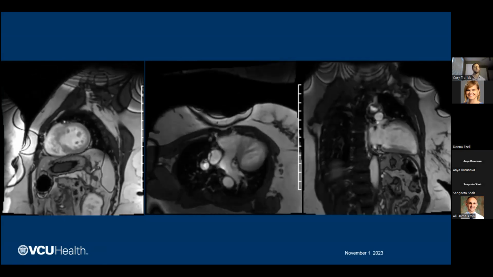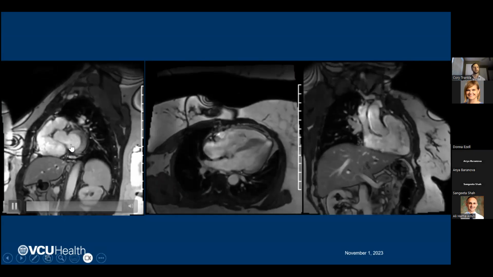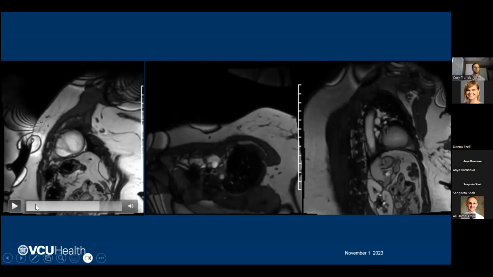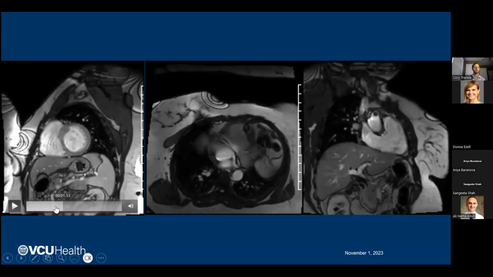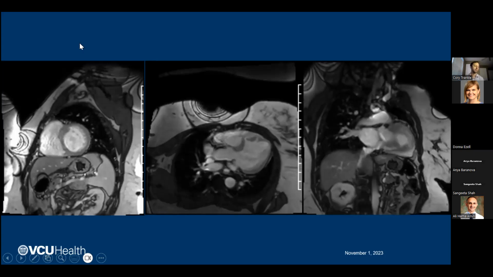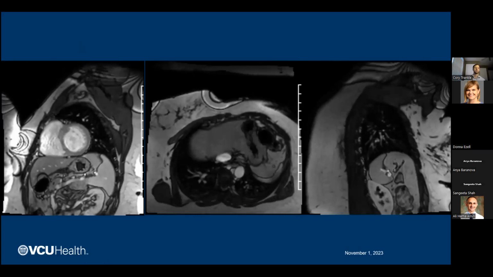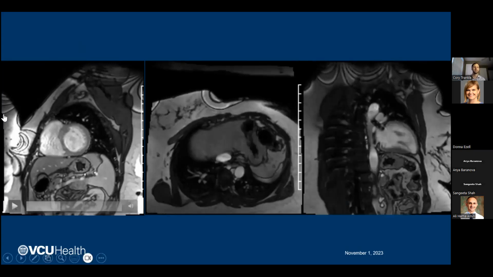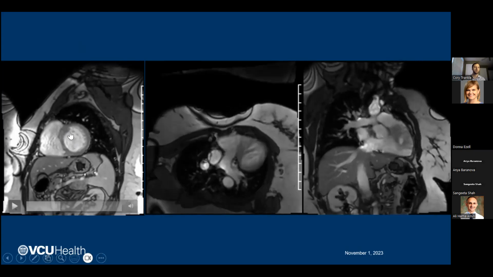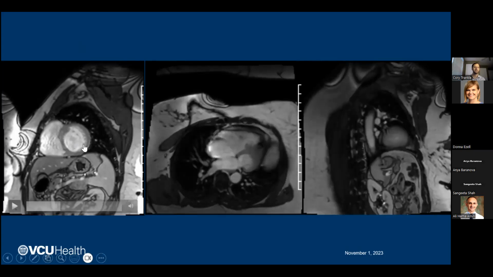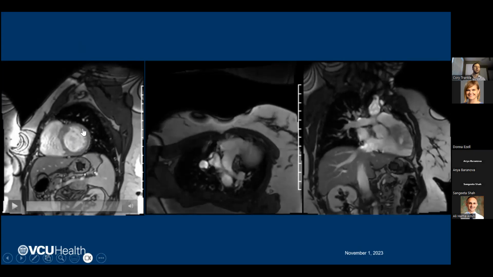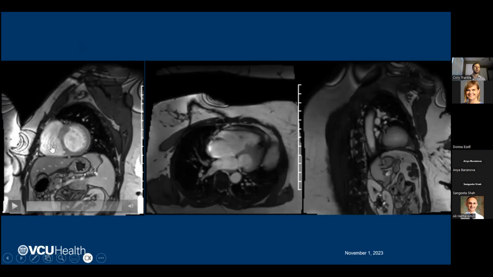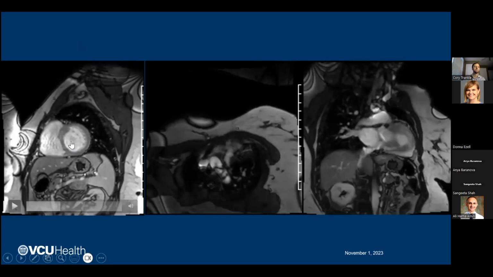So you can do these long inversion time sequences, where rather than a typical inversion time that we might be using on the 3 Tesla scanner of like 300 milliseconds or so, you set it up to 600 milliseconds. And so what you see is that the blood pool and the myocardium have all regained signal after that inversion pulse, and everything shows up as a bright shade of gray or even white.